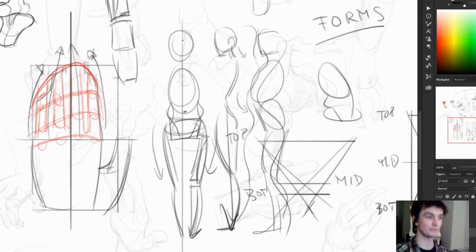Hips, mostly bone again. Thighs, while there's a really big bone in there, it's tightly wrapped in muscles and fat. Then your kneecaps or your knees, essentially, almost all sinews and bone. And then kind of weird with the calves, because at the front it's almost all bone, and then at the back it's all muscle. And let's not talk about feet, but essentially it's alternating between bones and muscles.